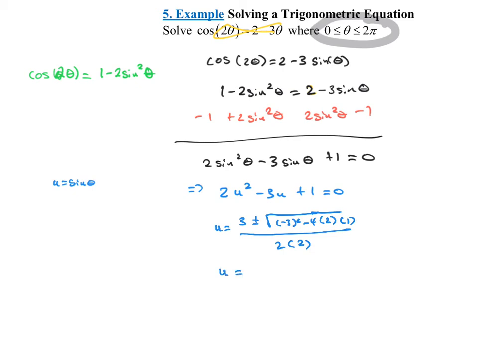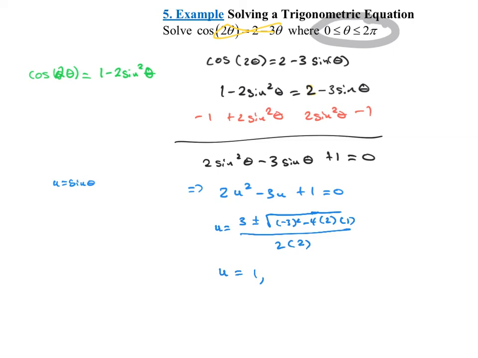So this is going to give me my values of u. Plug this into your calculator. Again, you're going to have to plug this into your calculator twice in a sense. So I'm going to hit the n over d button. I'm going to do 3 plus the square root of, and then parentheses, negative 3, square it, minus 4 times 2 times 1. I hit the down arrow to get into the denominator, and I do 2 times 2. I'm going to hit enter, and my calculator is going to give me an answer. The first answer I got is a 1.